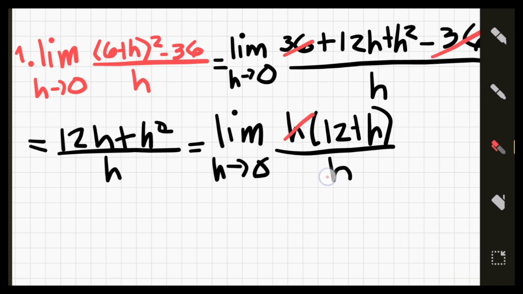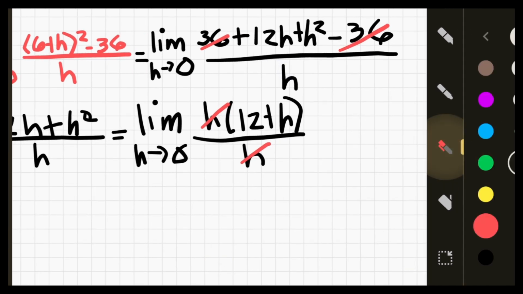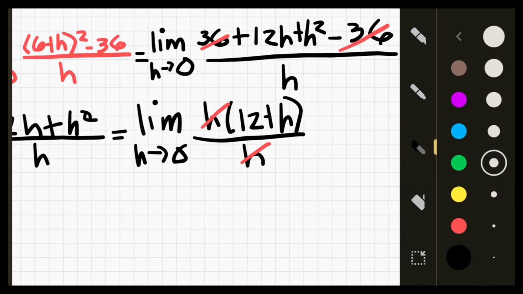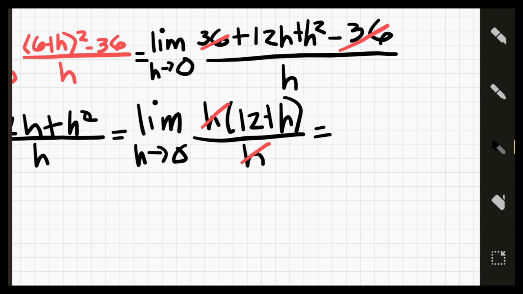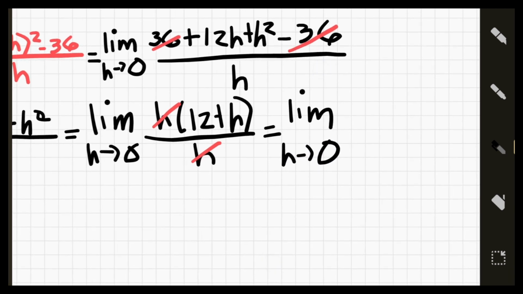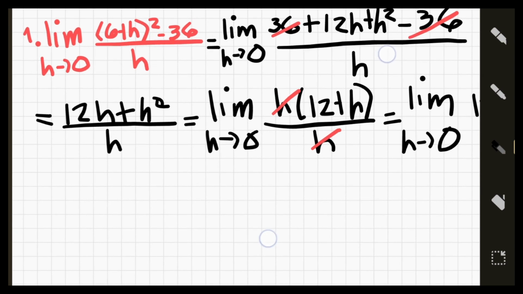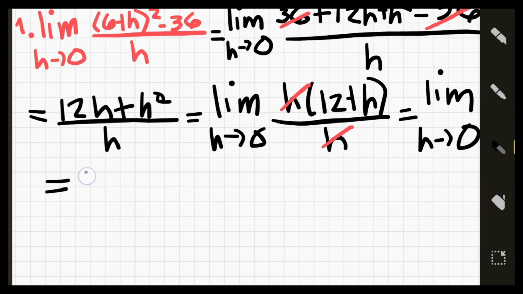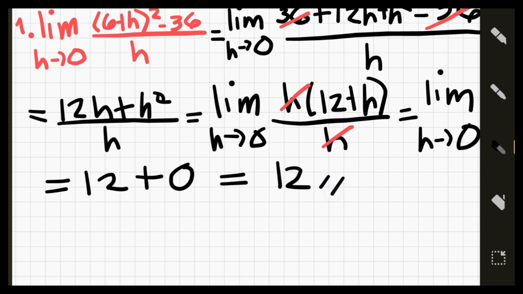Then cancel out h from the numerator and the denominator. This would result in the limit as h approaches 0 of the expression 12 plus h. And after that, we will plug in the value of h, which is 0. 12 plus 0 is equal to 12.